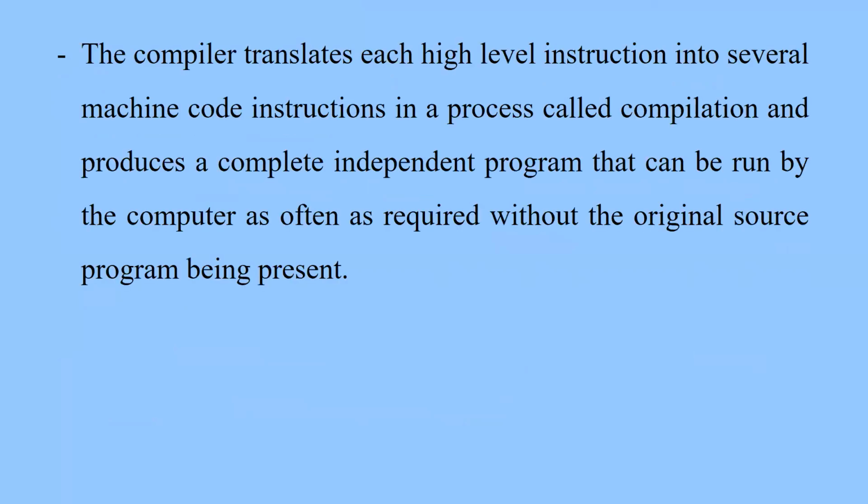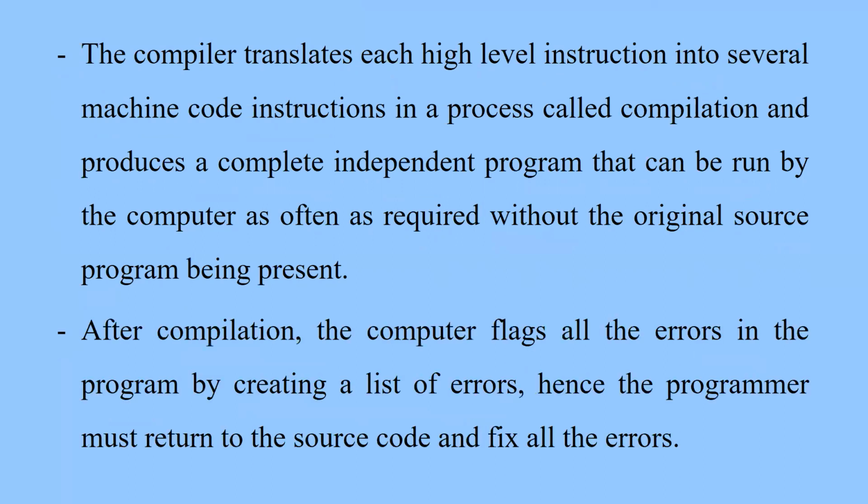The compiler translates each high-level instruction into several machine code instructions in a process called compilation, and it produces a complete independent program that can be run by the computer as often as required without the original source program being present. After compilation, the computer flags all the errors in the program by creating a list of errors. Hence, the programmer must return to the source code and fix all the errors.